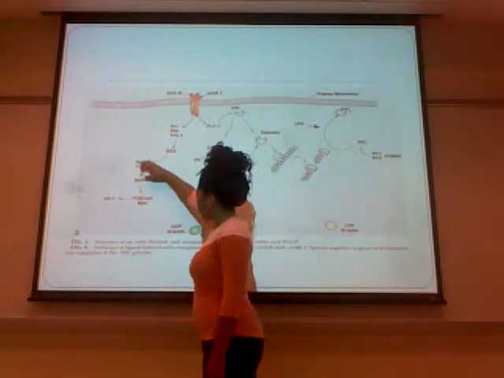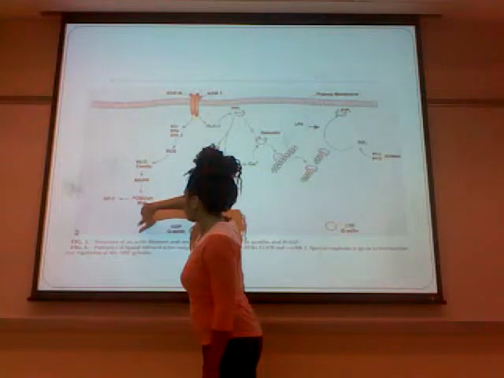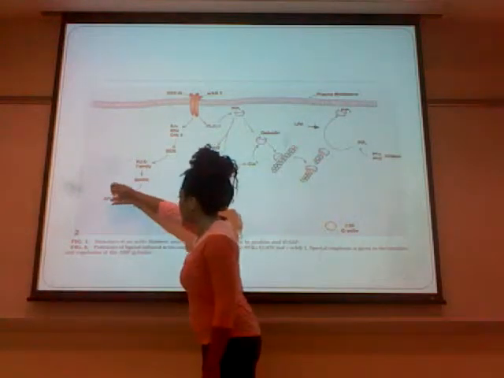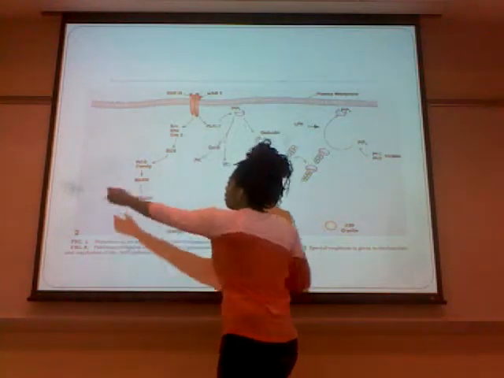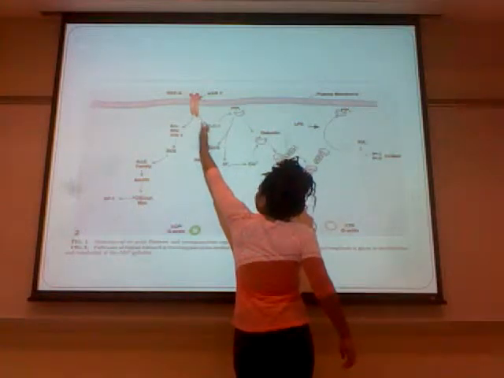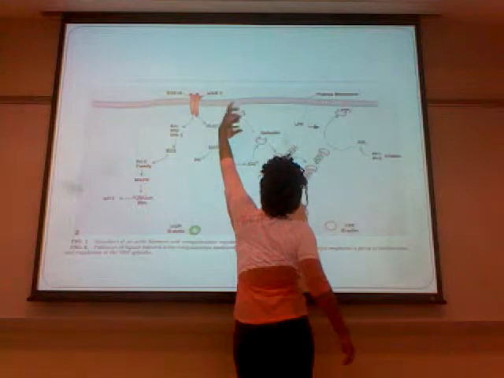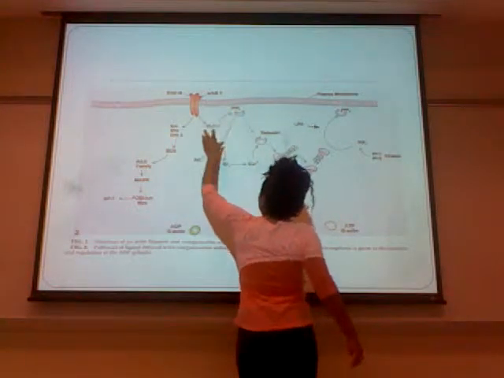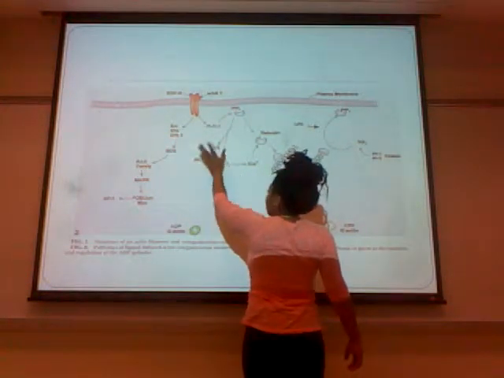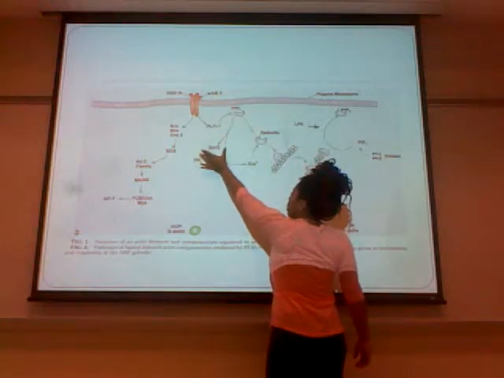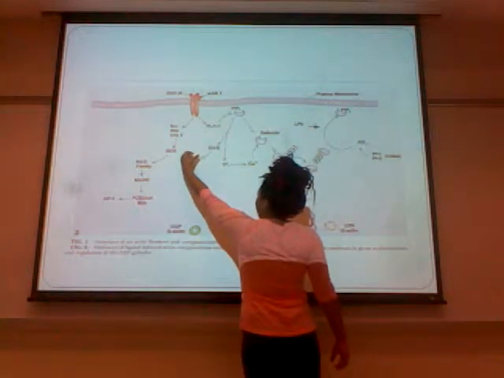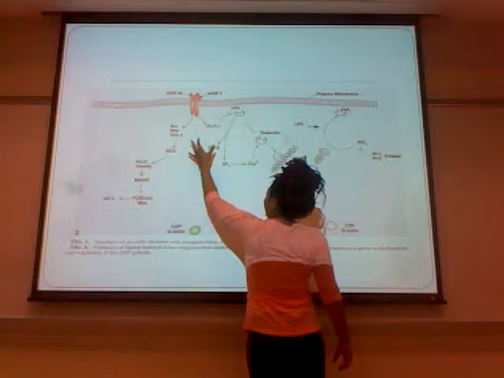Back to where we were at the bottom, MAP kinase is going to come down here to FOS. And then you have pathways over here. On this side, you have phospholipase C beta 1. It's going to come to PIP2, and the PIP2 cleaves into DAG and IP3. DAG is the one that remains in the membrane, and then protein kinase C is what DAG activates.